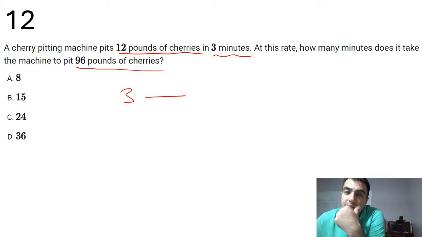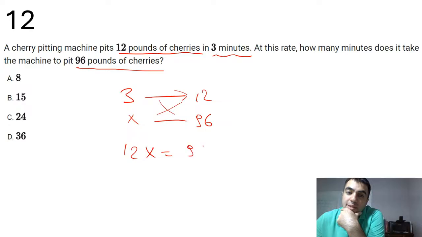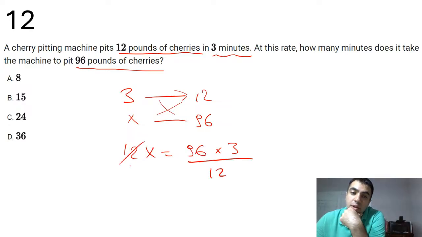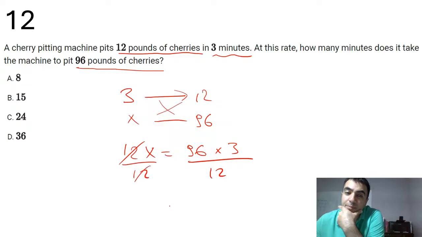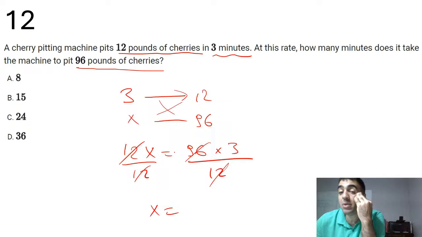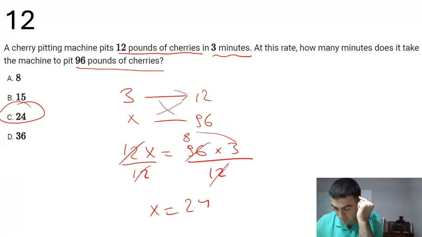If 3 minutes is equal to 12 pounds, x minutes is 96 pounds, we can cross multiply. 12x is equal to 96 times 3, and we can divide both sides of the equation by 12. Okay, x is equal to, we can cancel out 96 by 12, we get 8 here, and 8 times 3 is 24, right? It is C. Mr. Tunjay, you are right.